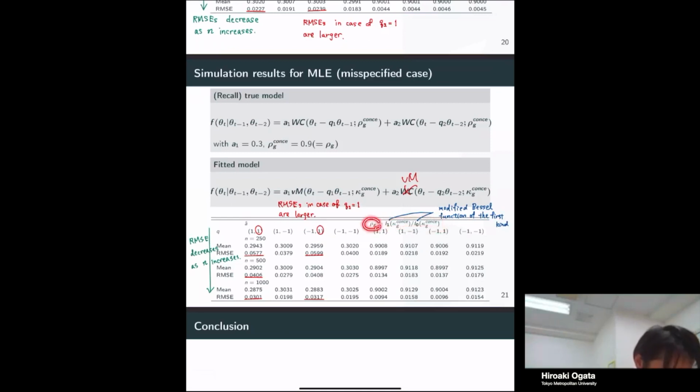The target is to estimate this quantity. Even in the misspecified case, we can estimate it properly, and the RMSE decreases as N increases. So even in the misspecified case, the estimation result is not bad.